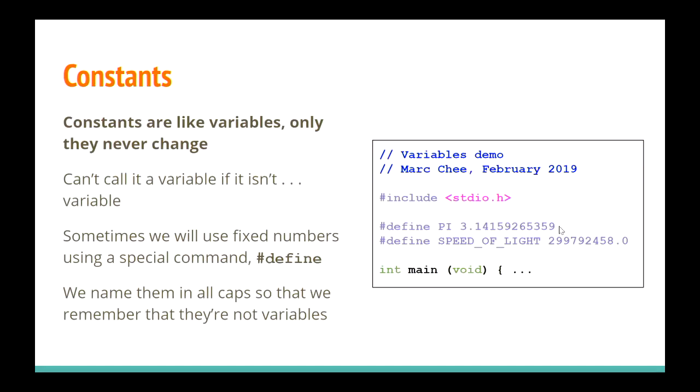And then everywhere in our code where we see this symbol, like the pi here, it's going to replace it with this number. So it's not a variable. It doesn't have a place in memory. It doesn't have a certain number of bits it uses. It can't be changed either, but it's something that our computer just sort of remembers and that we can keep using through the course of the program.